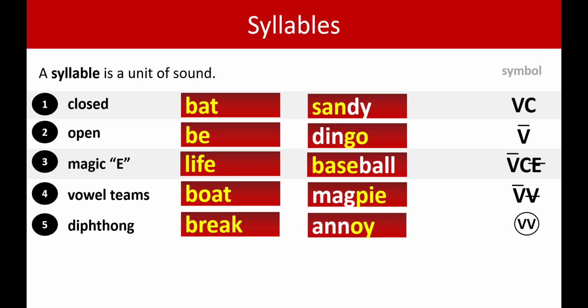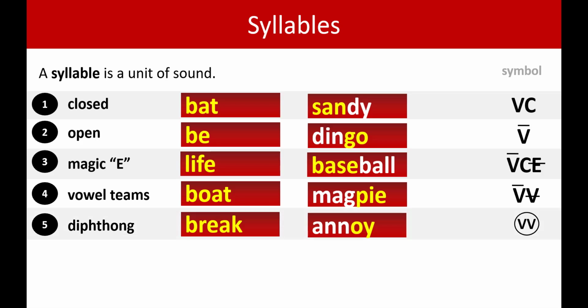Annoy. Oi is another example of a diphthong. It's 2 vowel sounds that slide from one to another. But it's so close that it's considered the same syllable. And that is why diphthongs and vowel teams are different. But just bear in mind that some people group 4 and 5 together.